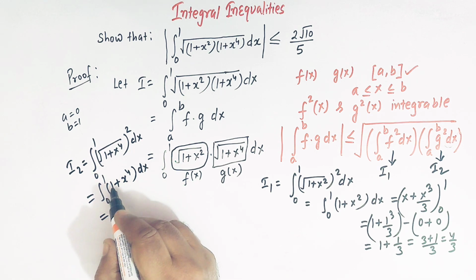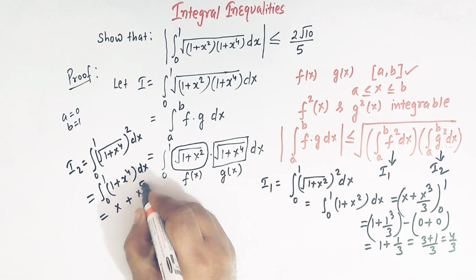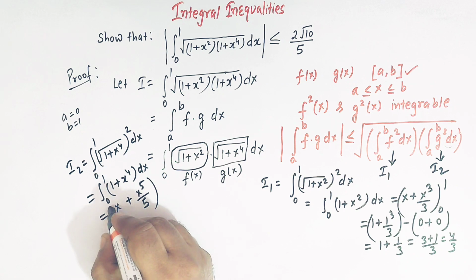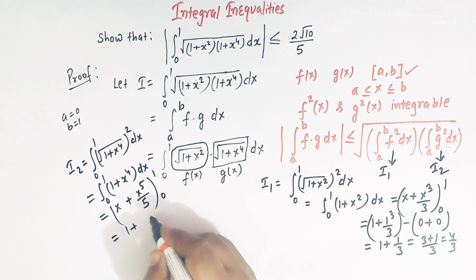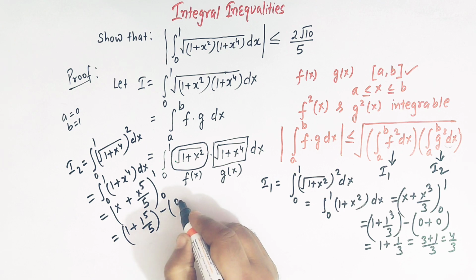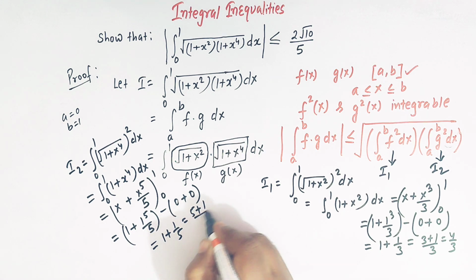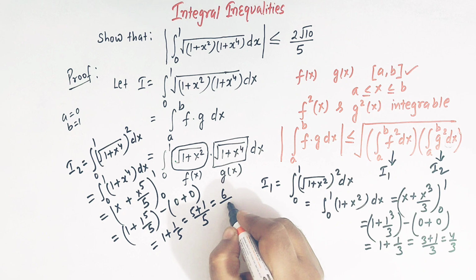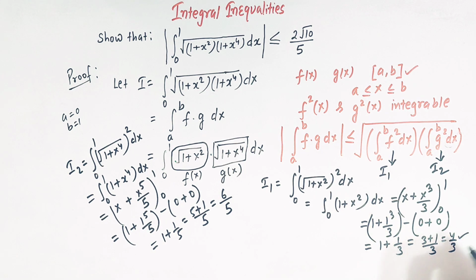The integral is x plus x raised to 5 over 5, with limits from 0 to 1. Substituting the limits, we have 1 plus 1 raised to 5 over 5 minus 0 plus 0, that is 1 plus 1 over 5, which is 6 over 5. So the value of I1 is 4 over 3 and I2 is 6 over 5.